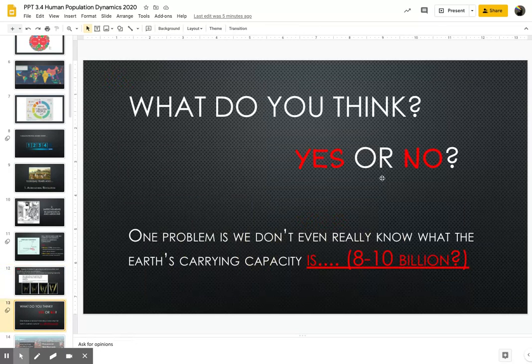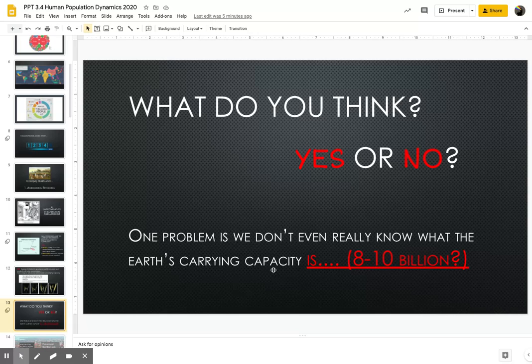Okay, what do you think? Yes or no? One of the big problems with agreeing or disagreeing with them is that the Earth's carrying capacity is not known for certain. It's hard to do that kind of hard science, like in chemistry or physics, with the planet because we only have one planet, so we don't have a control. We don't have anything to compare it to, and it's really hard to get everybody to agree on changing their ways for a purpose.